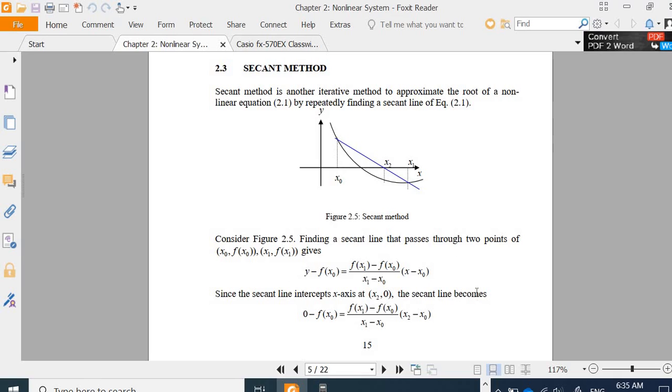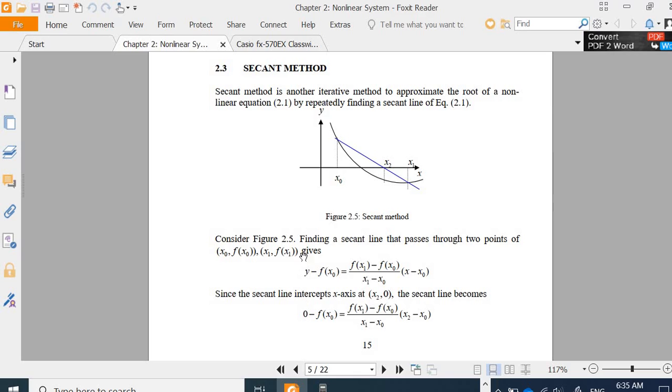So you find a secant line that passes through two points: at x0 the y value is f(x0), and at x1 the y value is f(x1). Using the formula of a secant line, you get this formula. Since the secant line intersects the x-axis at x2, the y value will be 0.